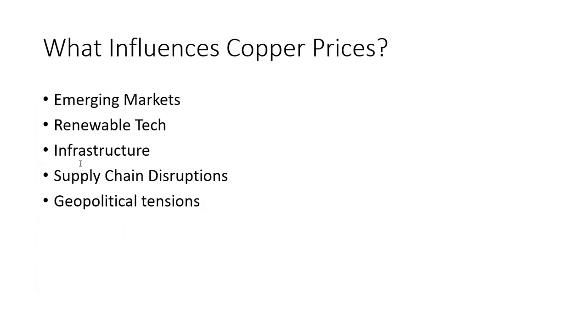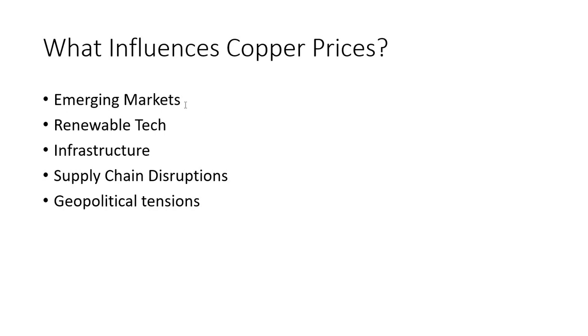So this is kind of a bit of what influences copper prices. It's covered a little bit with the pros and cons, which I think I'll change in future to opportunities. But basically, what influences the copper prices? The emerging markets are big. They need a lot of infrastructure and new technology that a lot of the developed countries already have.